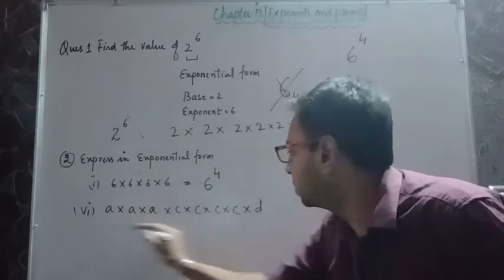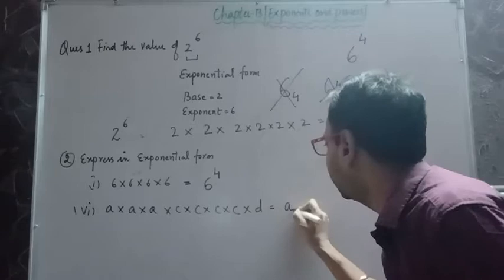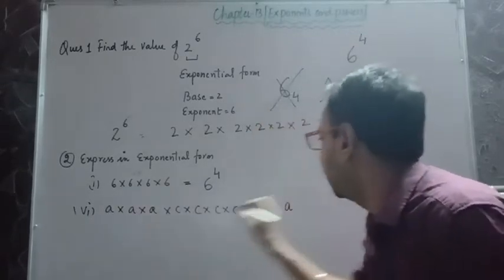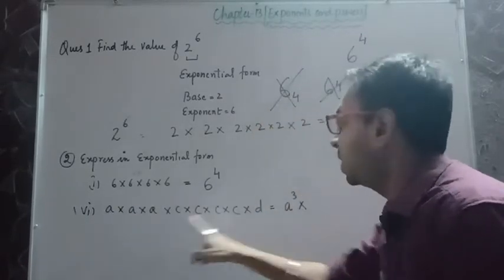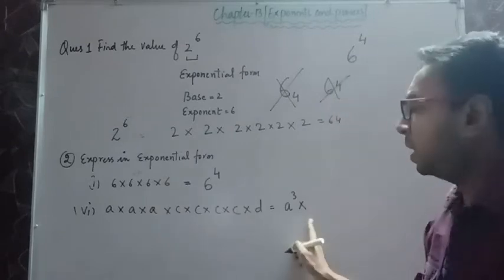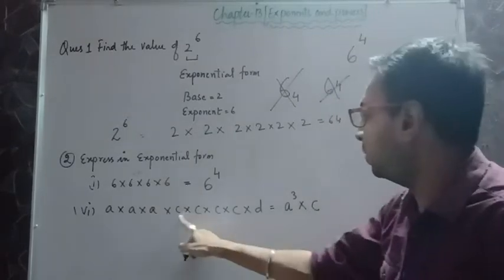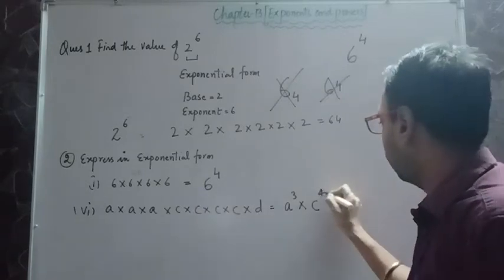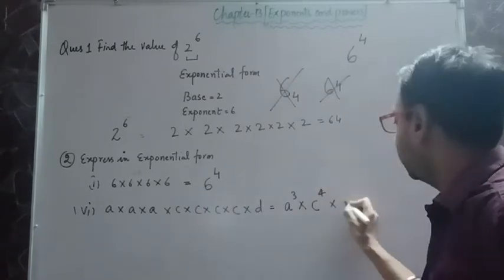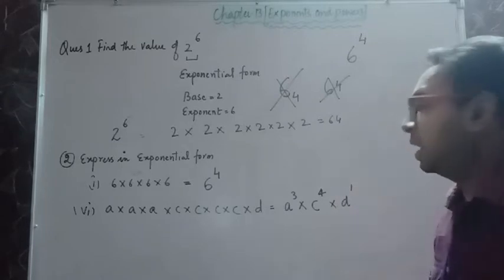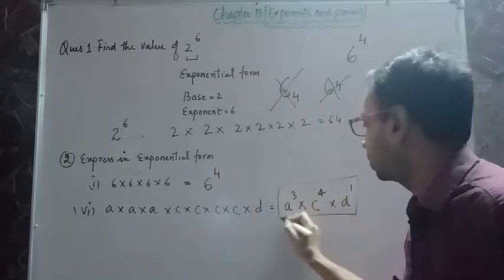So A as a base, how many times is it represented? 1, 2, 3. So 3. Next, because multiplication is there, we'll keep the multiplication only. A cubed, then C. C is represented as base, how many times? 1, 2, 3, 4. Okay, 4. And left with D. D is represented one time only, so we can keep it. This is what the answer is.